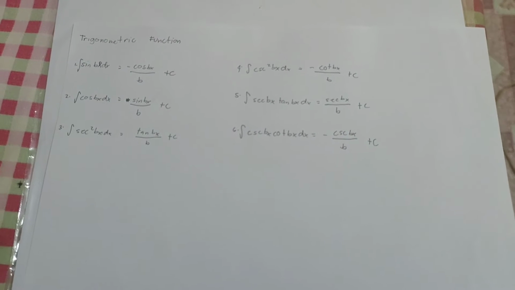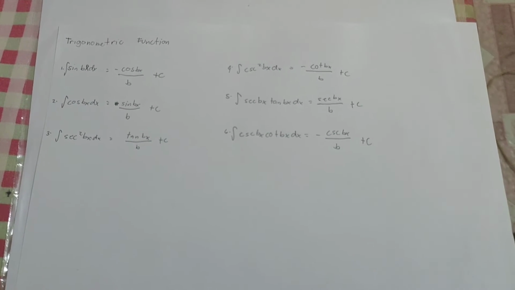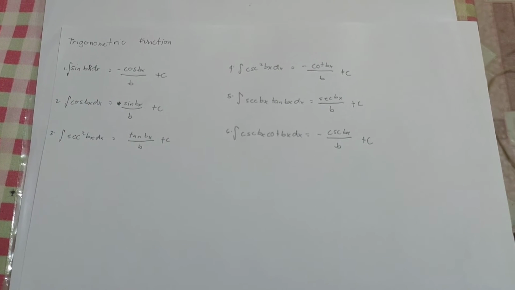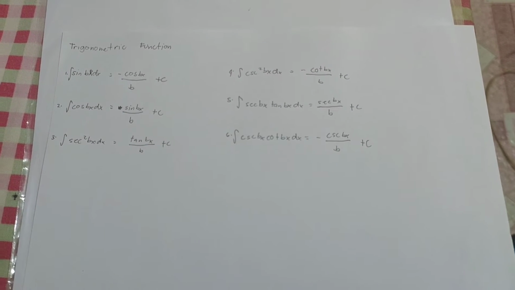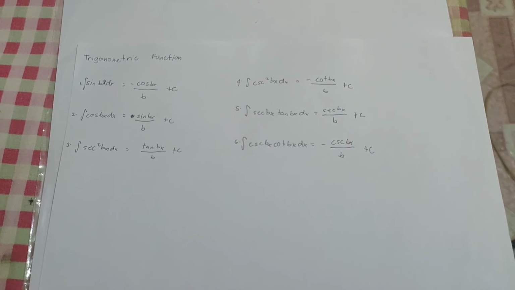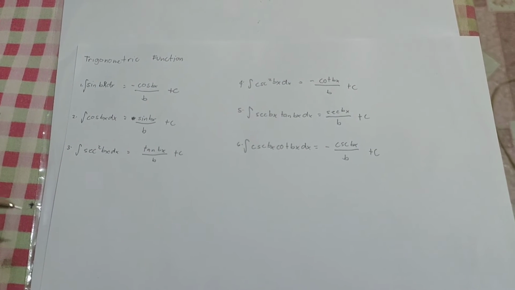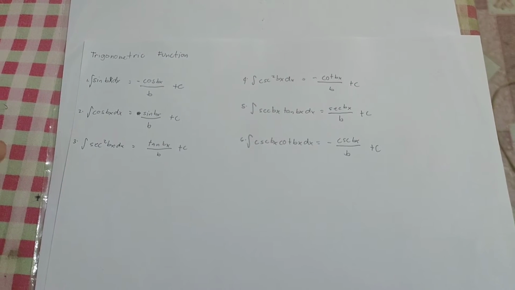The fourth topic is about the trigonometric functions. These are the list of 6 trigonometric integrals. Number 1 is the integral of sine bx dx. Let b be our angle and x our variable.